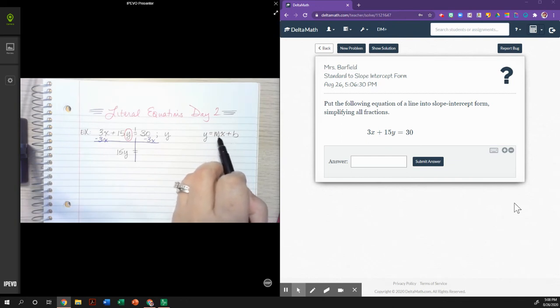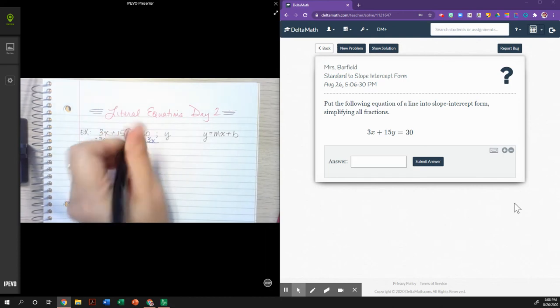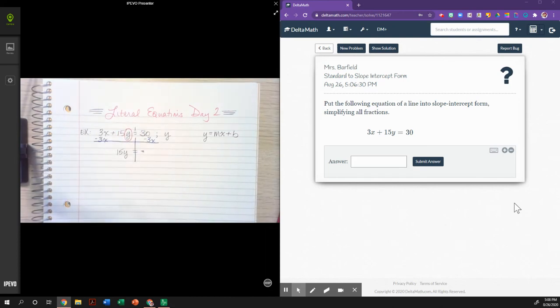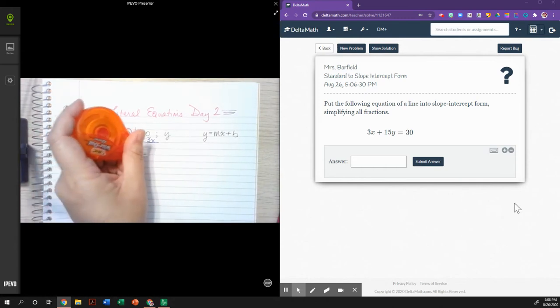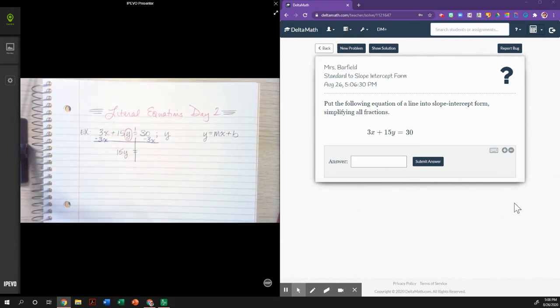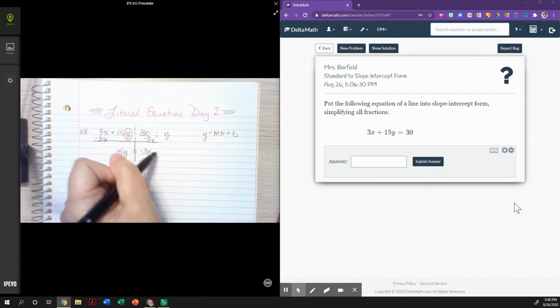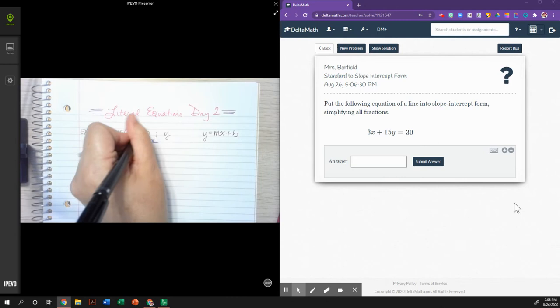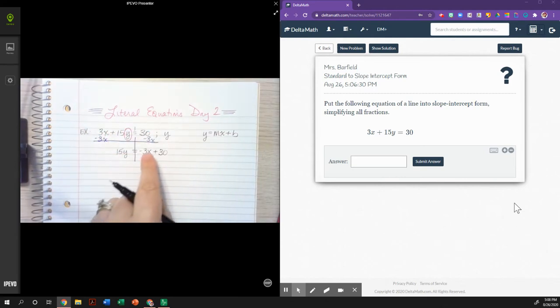We're going to write the x term first, so negative 3x, and then I'm going to write the 30, and since it's a positive 30, I'm going to write plus 30.